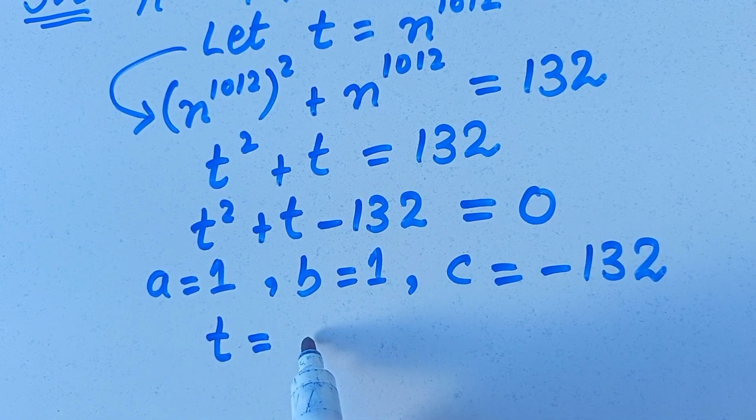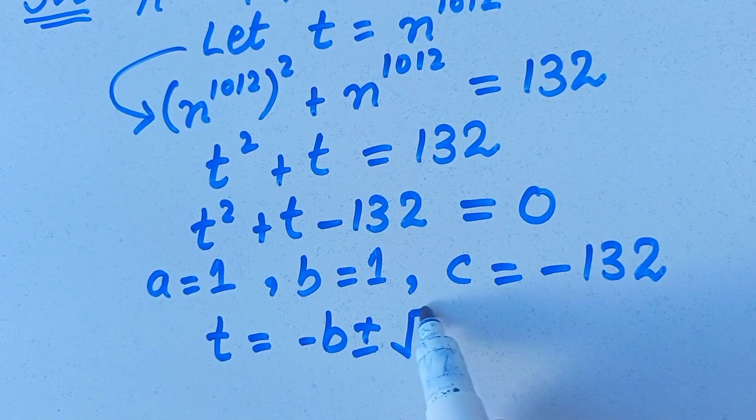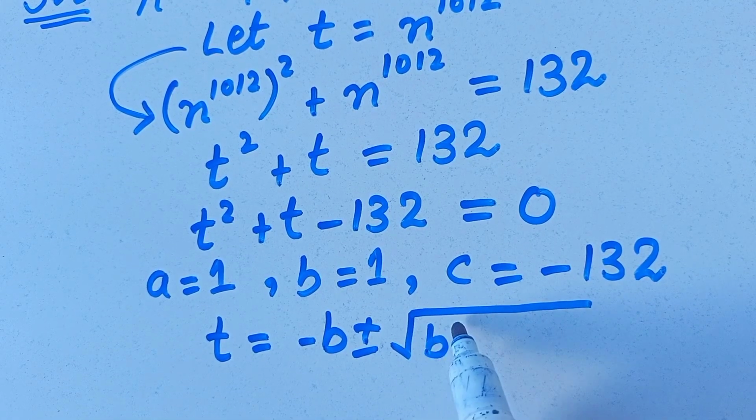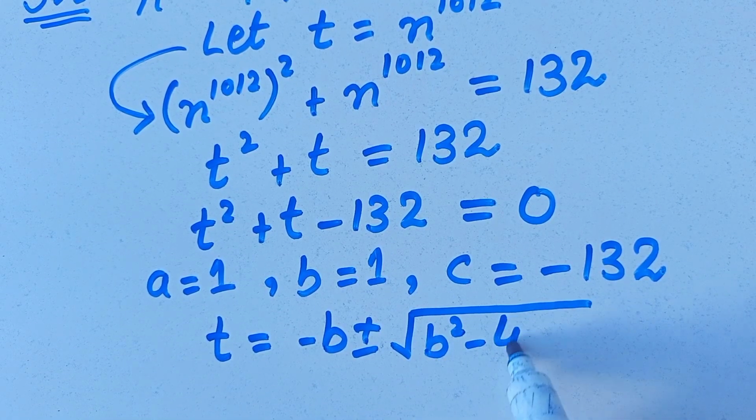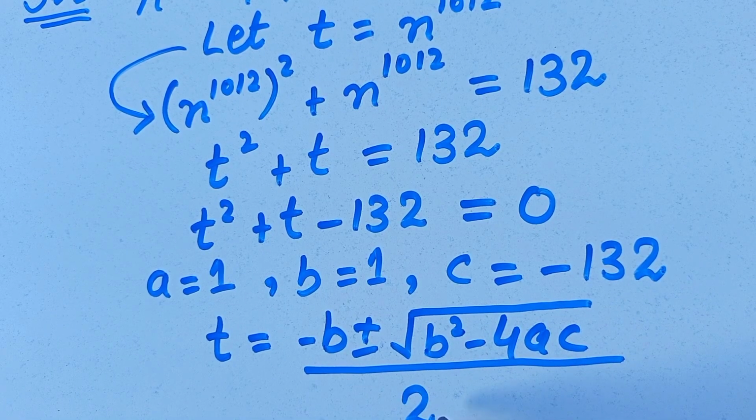Starting with the quadratic formula, we know that t equals negative b plus or minus the square root of the discriminant, b squared minus 4ac, all divided by 2a.